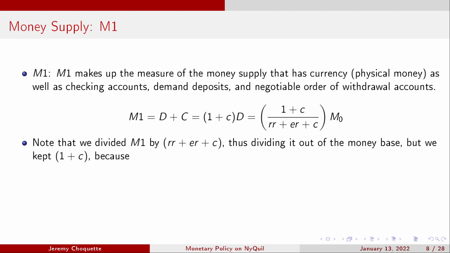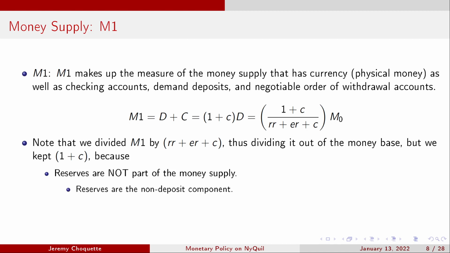Essentially, all that we did is we took the money base and we divided out that RR plus ER plus C, but we keep 1 plus C. So we're essentially dividing out the non-deposit component of the money base in order to get a money multiplier to be able to derive what is the money supply.